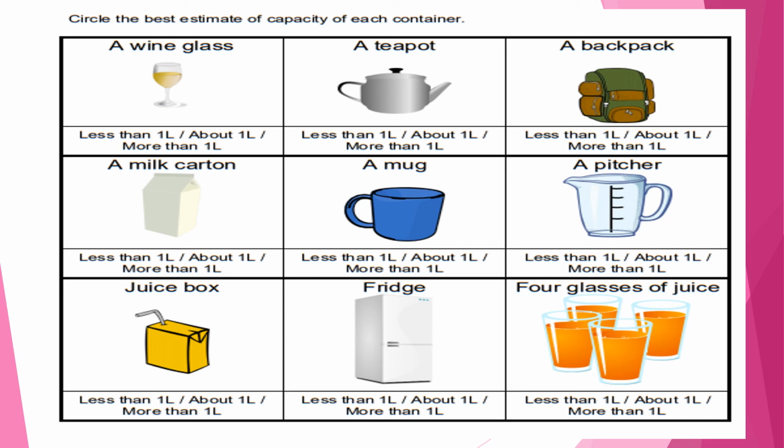Is this wine glass less than 1 liter? Or is it about 1 liter? Or do you think it's more than a liter? We'll do this one together. I think this wine glass is less than a liter. So I'm going to circle my answer, less than a liter.